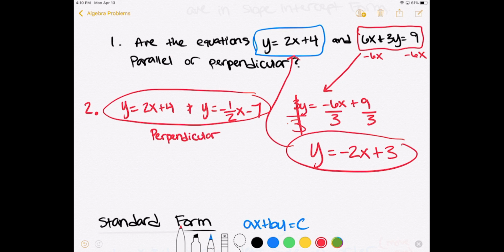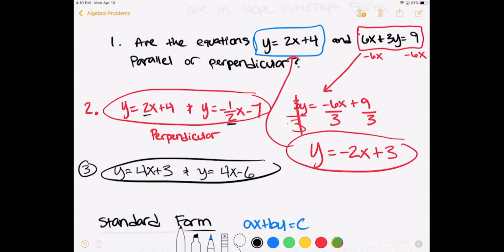These two would be perpendicular because the slope of the first one is 2 and the slope of the other one is negative 1/2. Those are opposite reciprocals. Another quick example, if I had y equals 4x plus 3 and y equals 4x minus 6, those two would be parallel lines, okay, because their slopes are the exact same.